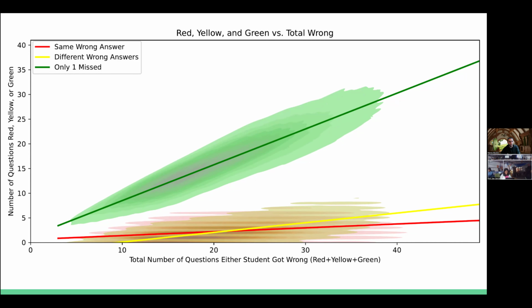And actually, empirically, for every single exam that I've given over the past, however many years that I've been doing this, I think 3 years, no matter what subject it's been, I've seen a similar trend where you see one big contour for the green that's higher up, and then you see the yellow and red kind of mixed together. And then here I also have best fit linear regression lines on each of these curves.